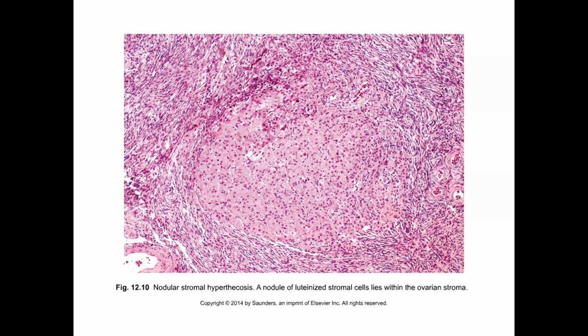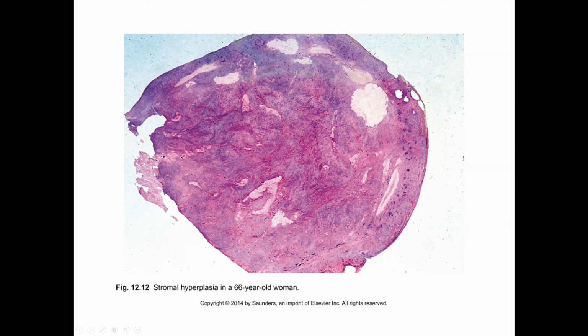I don't know that there's a quantitation that is available to make that distinction. If these are easy to find or I find more than one, I will usually make a comment, especially if we've got the typical stromal hyperplastic appearance of this stroma and find areas of luteinization. I would make the diagnosis of thecosis with luteinized change.